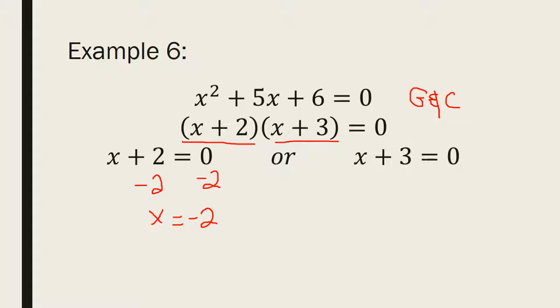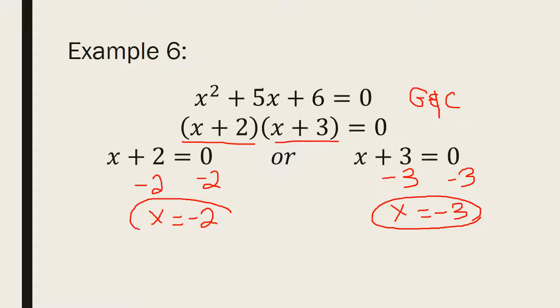For the other part of the equation, I take away 3 from both sides, and I'm going to end up with x equals -3. So the solutions, the roots, the x-intercepts for this quadratic are x equal -2 or x equal -3.